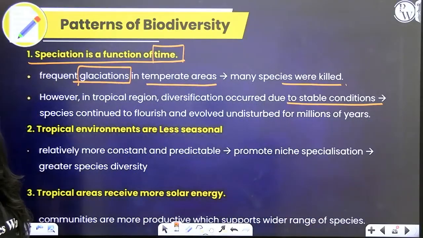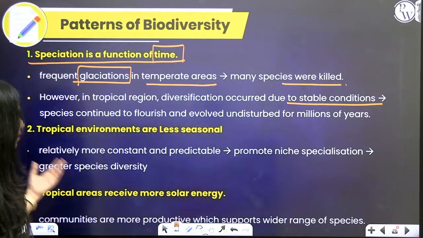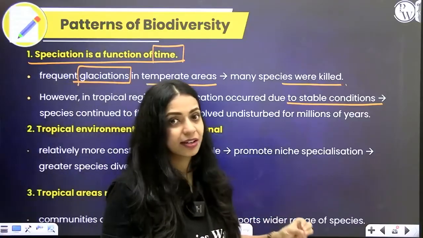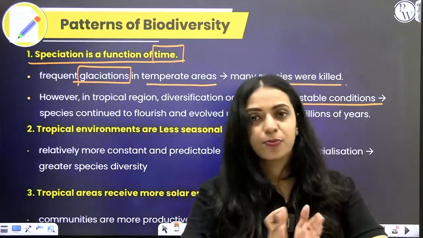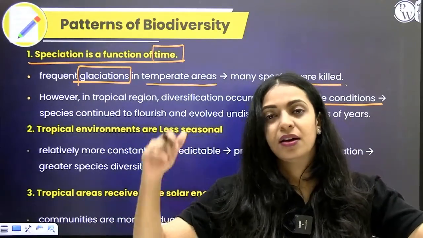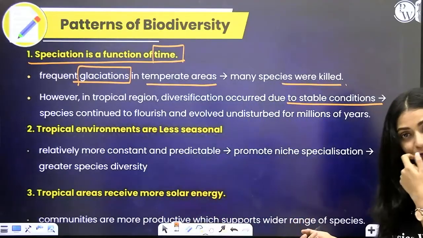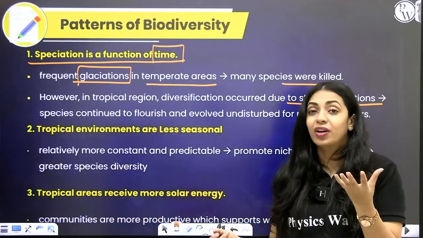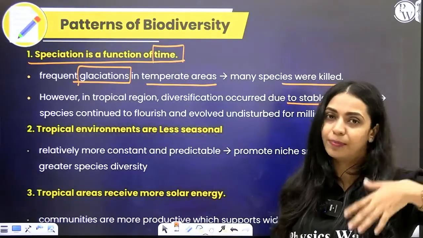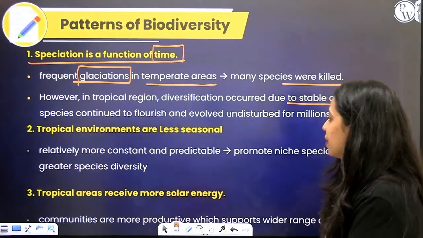Because of that, there were better conditions for evolution, better conditions for diversification, better conditions for speciation. As the species diverged, as diversification happened, more and more species got added to what was existing in the tropical regions, which is one of the reasons why the biodiversity is higher in the tropics compared to the subtropics, compared to the temperate and the polar areas.